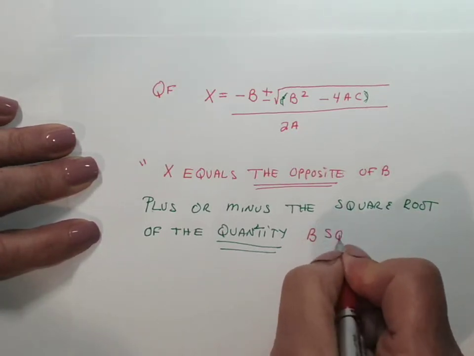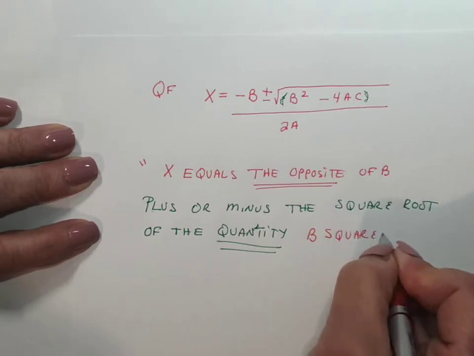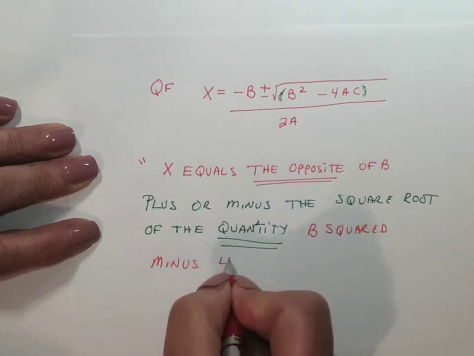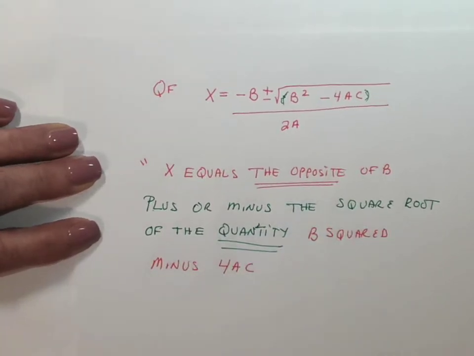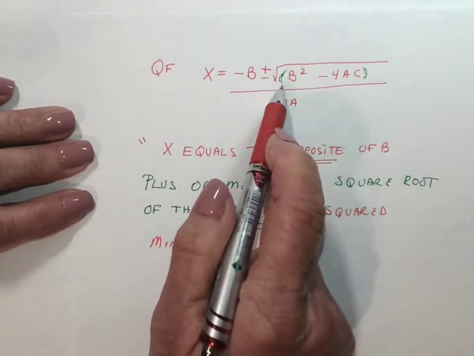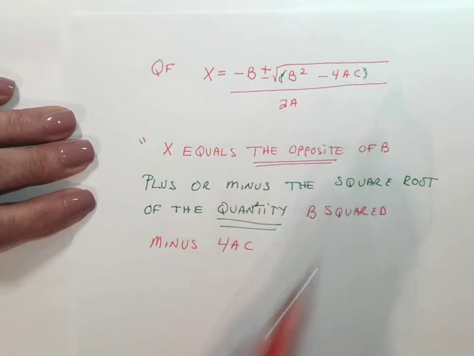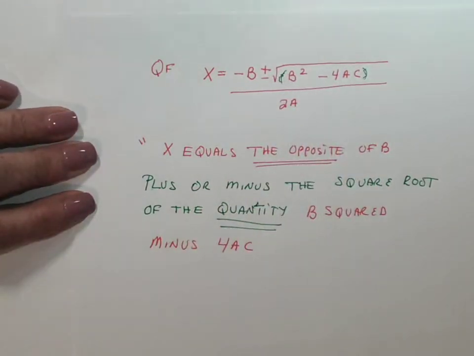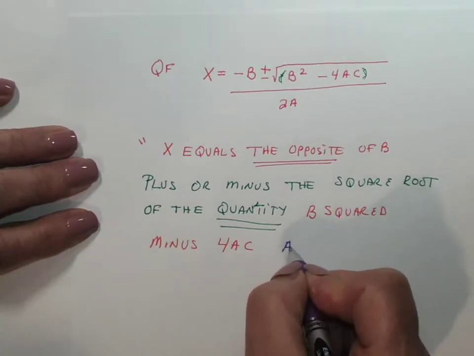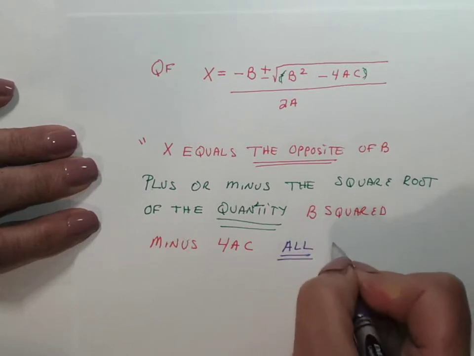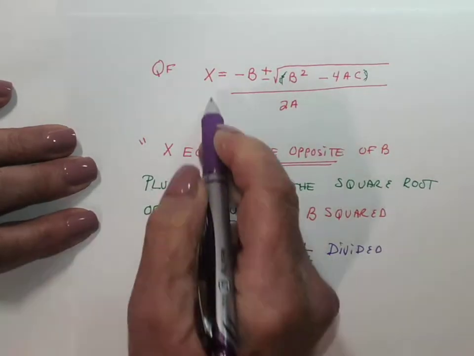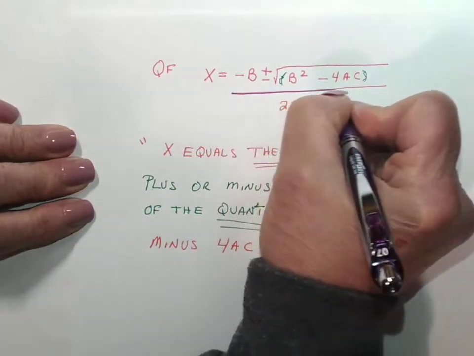b squared minus 4ac. Okay. So we've got the quantity b squared minus 4ac. Another word that I want to make sure that you use is all divided. Okay? This is a big division sign.